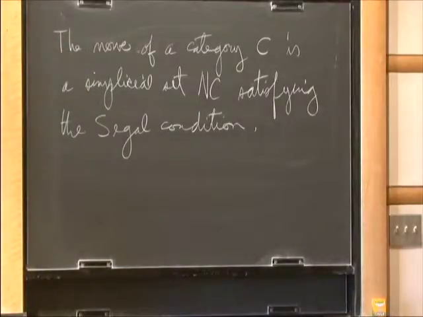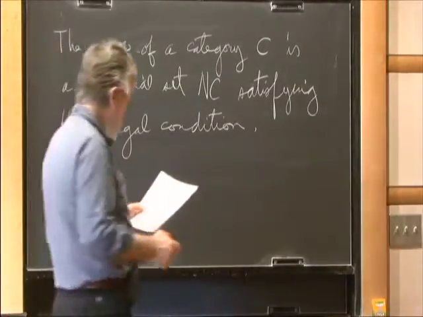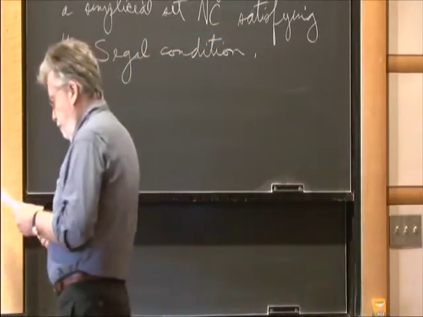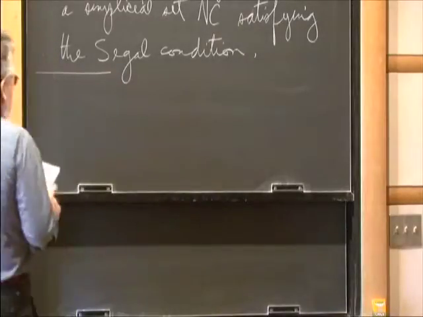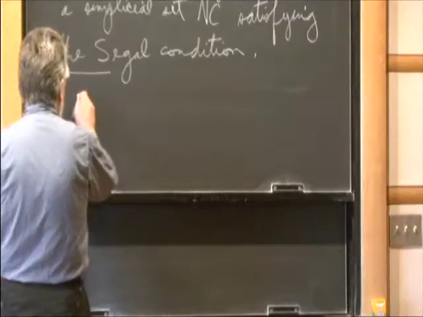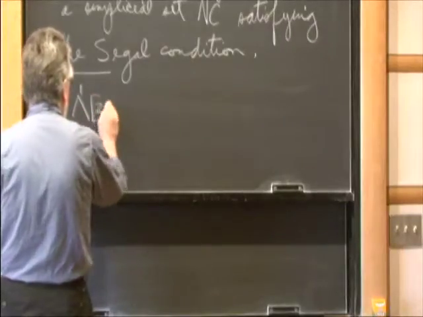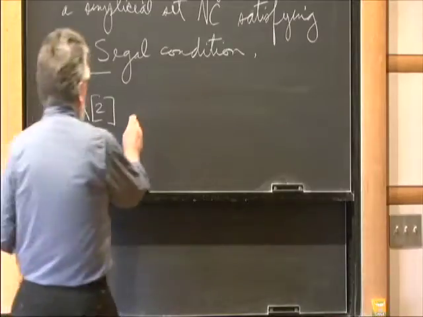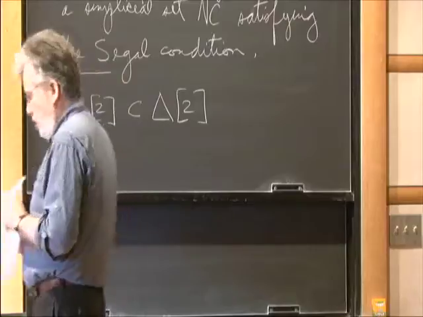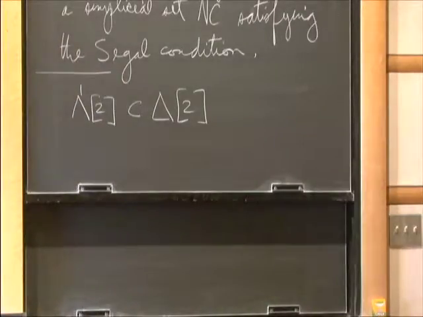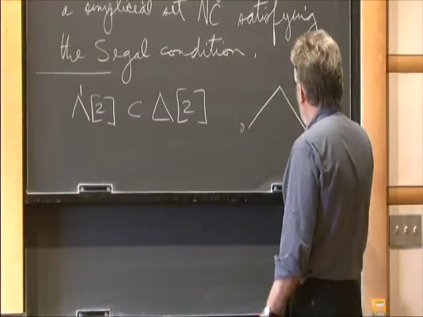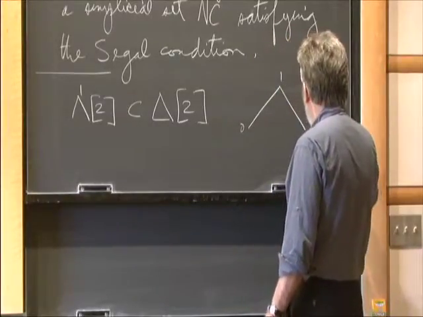And one way to express this condition is the following. You look at the inclusion Lambda^2_1 in Delta^2, which is the horn defined by removing the face opposite to vertex 1.